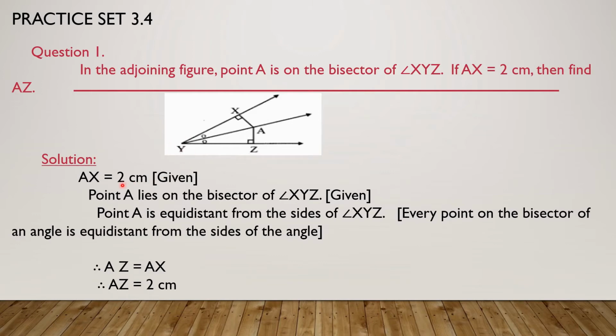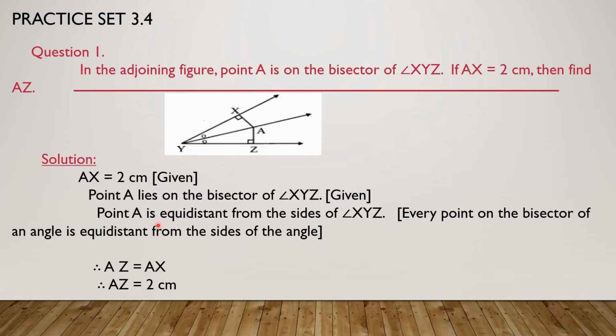Solution: AX is equal to 2 cm, that is given, and the point A lies on the bisector of angle XYZ, that is also given. In this figure, ray YA is the bisector of angle XYZ, and therefore by the angle bisector theorem, every point on the bisector of an angle is equidistant from the sides of the angle.